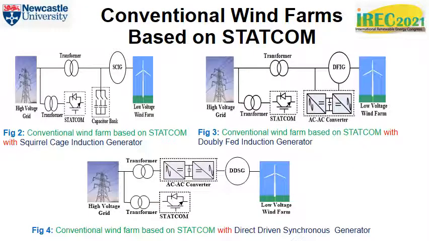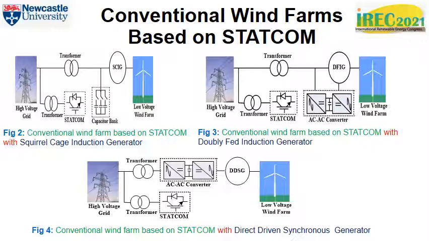Conventional wind farms based on STATCOM. The techniques used for wind energy conversion system reported in literature are categorized based on the type of generator used. The most common ones are the squirrel cage induction generator SCIG, the doubly fed induction generator DFIG, and the directly driven synchronous generator DDSG.